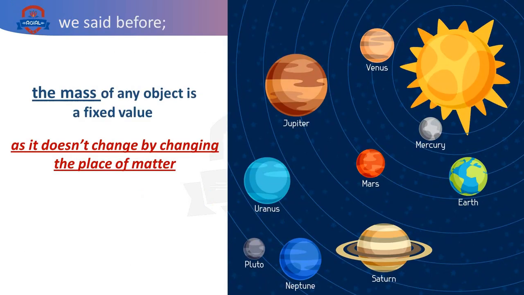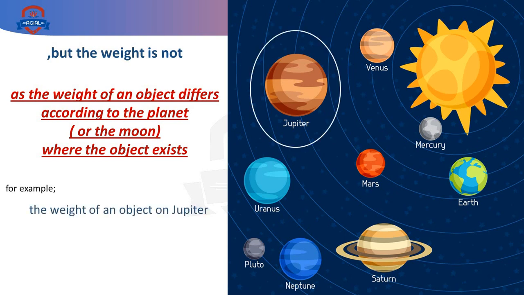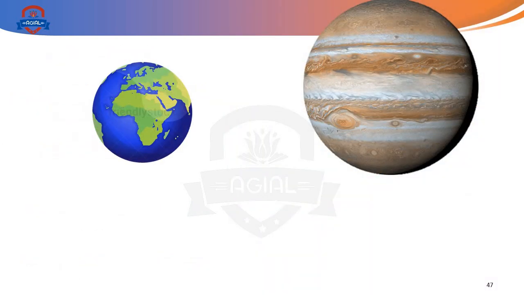We said before that the mass of any object doesn't change by changing the place of the matter, but the weight does, as the weight of an object differs according to the planet or the moon where the object exists. Let's see an example. The weight of an object on Jupiter is different from the weight of an object on the Earth. Why?